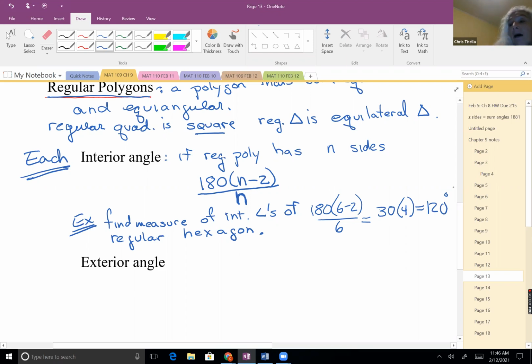Did anybody else get 120 degrees? And in the same way, you should be able to use this formula backwards. If I had that 120 degrees, I should be able to take that 180 times n minus 2 over n and set it equal to 120 and cross multiply the sum.